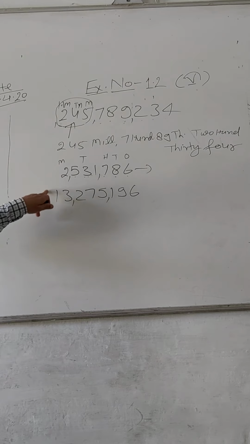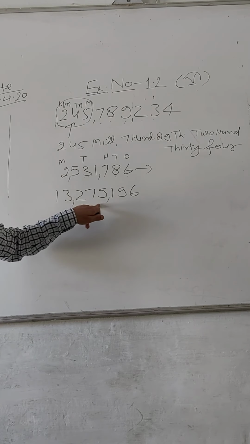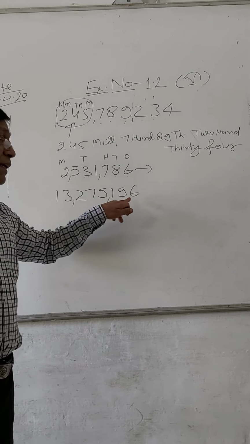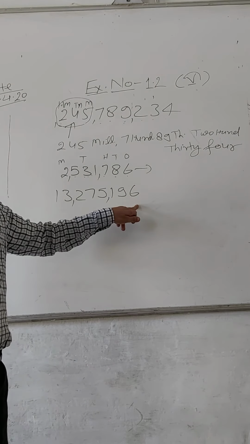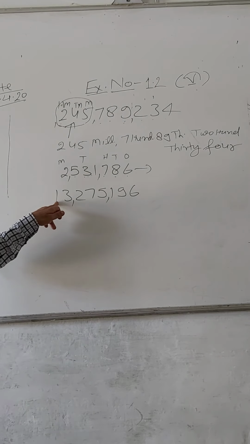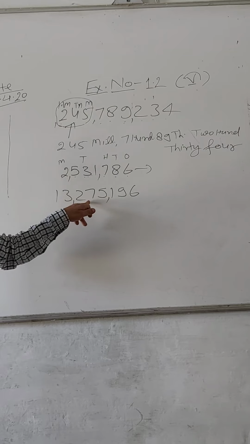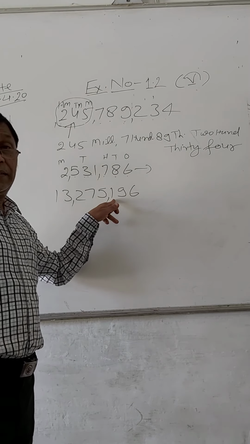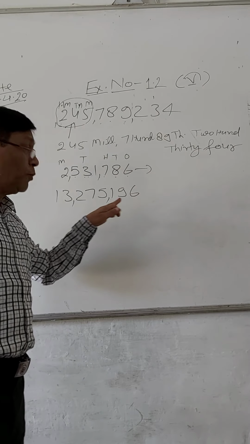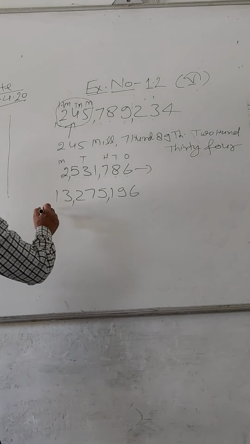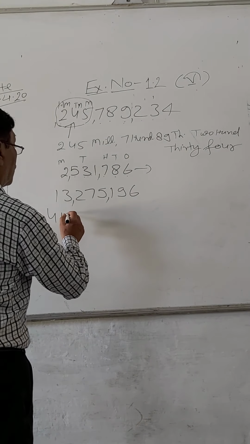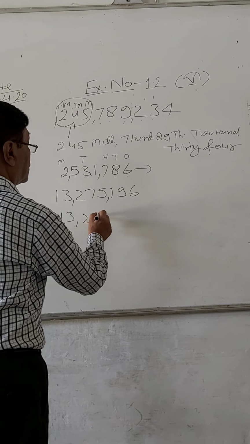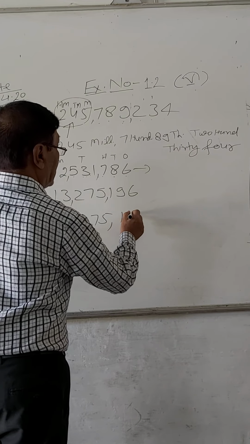13 million 275,196. Suppose in this one there is any other number, suppose 4 is also here: 413275196.